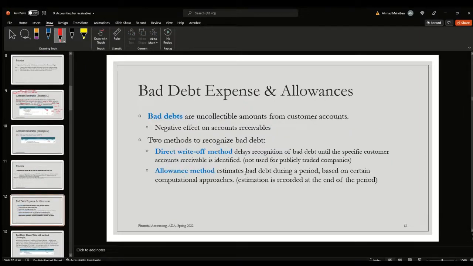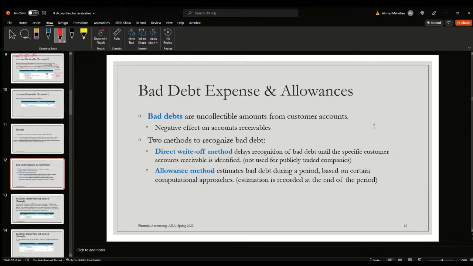Now let's look at bad debt expense and allowance. This is the most important part that I want to emphasize, and we're going to focus on it. We're talking about bad debt. Every retailer can experience certain customers who will not pay back their debts.